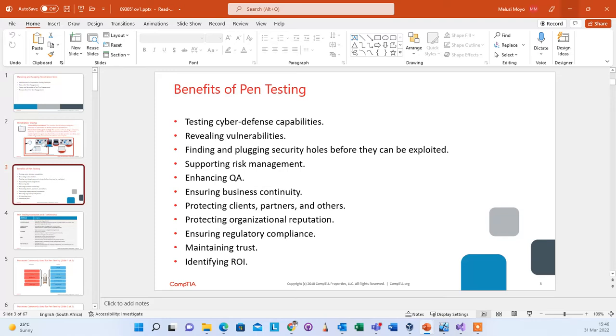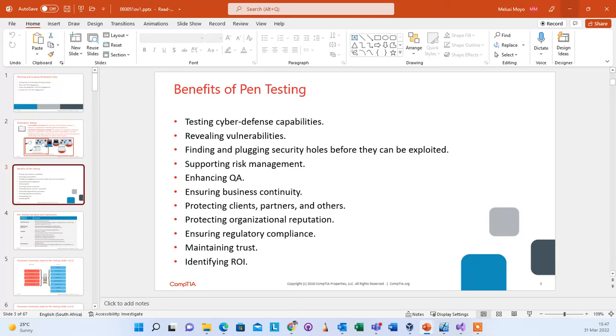Unlike when it's found by a malicious hacker, who will extract our information or end up selling our company information and stuff like that. So it's best for us to conduct a pen test so that we become the first ones to identify the vulnerability within our system, and then we can put measures in place to mitigate that.